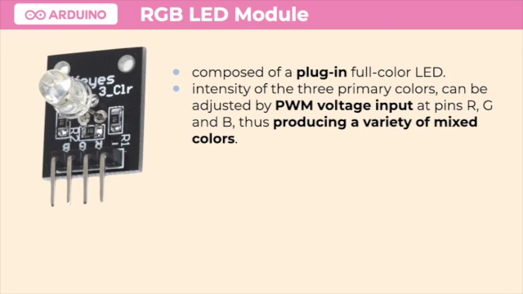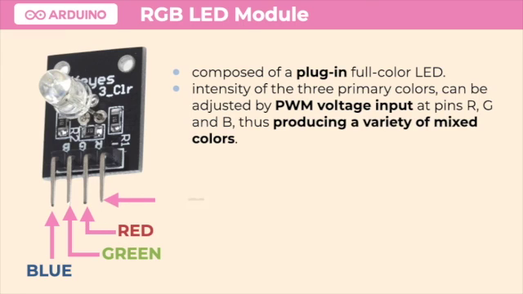The RGB LED module has 4 terminals. Each terminal is assigned for each color in the RGB. We have blue, green, red, and the last terminal could be an anode or cathode, depending on the type of the RGB LED module.